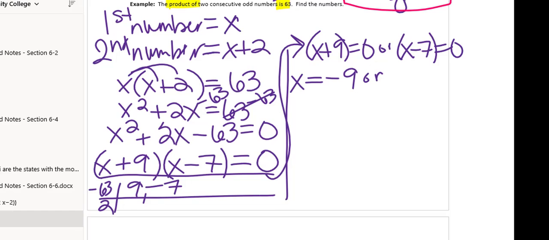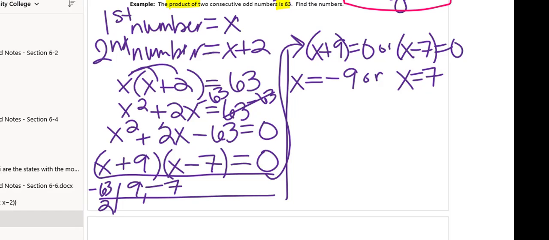Or if x minus 7 equals 0, then x has to be a positive 7. So I have two options. Now look at this. It says the product of consecutive odd numbers is 63. Find the numbers.